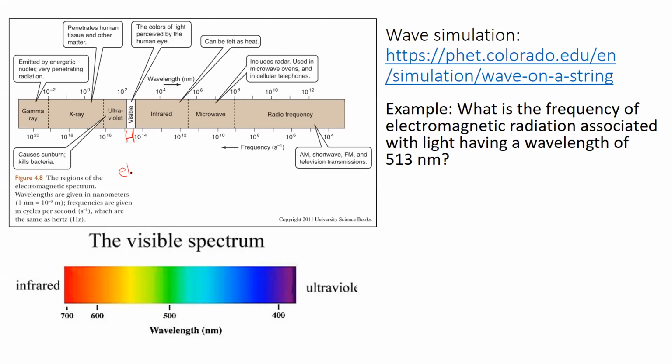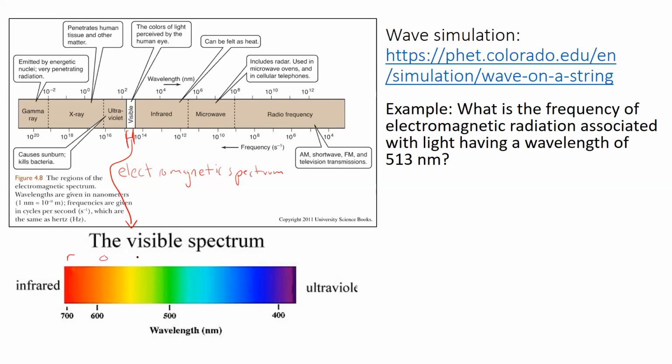So the electromagnetic spectrum is a spectrum that shows how wavelength and frequency are related to each other for light. Now, if we just look at the visible spectrum and we expand that out, these are the colors we see, say, through a rainbow, or if you will, what we all learned in elementary school, right?